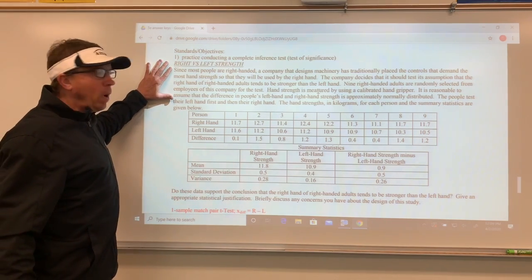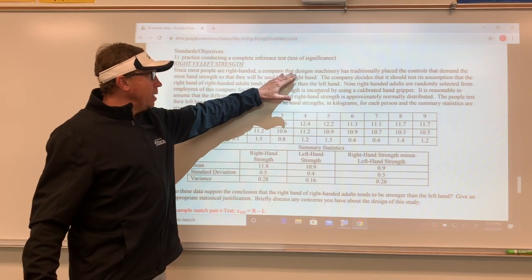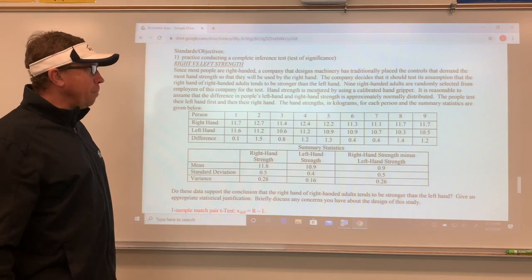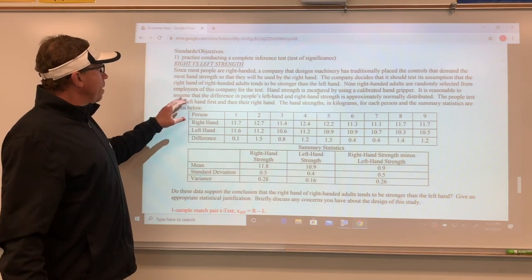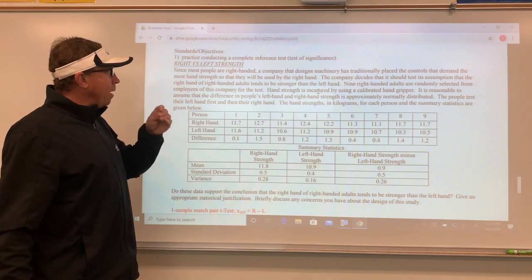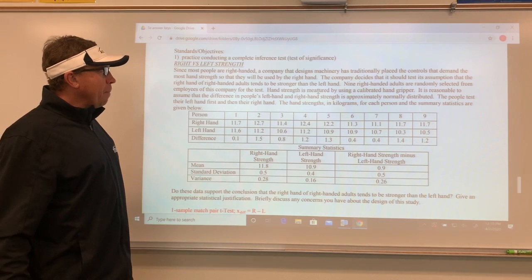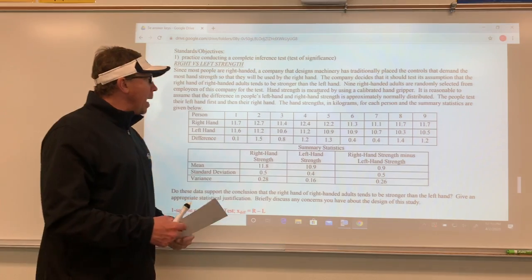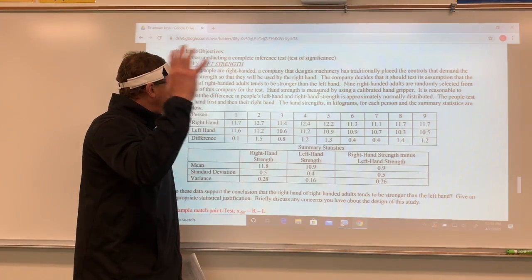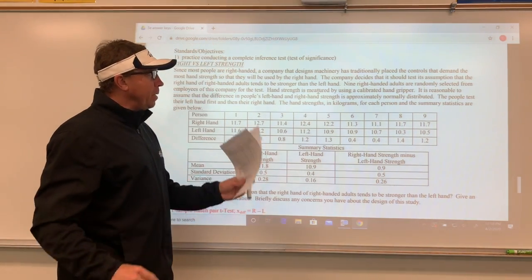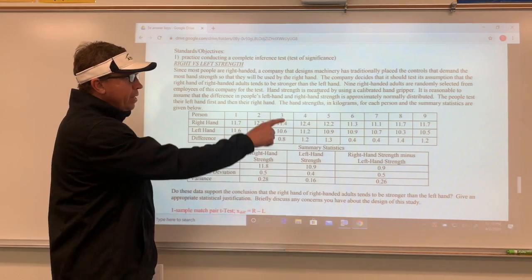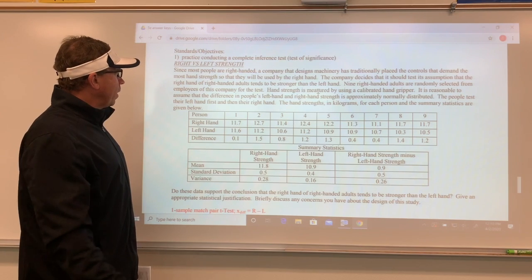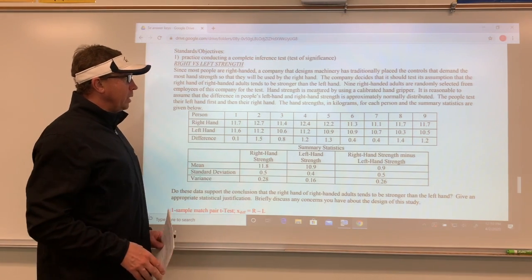Okay, so right hand versus left hand strength. Since most people are right-handed, a company that designs machinery has traditionally placed the controls that demand the most hand strength so they will be used by the right hand. The company decides that it should test its assumption that the right hand of a right-handed adult tends to be stronger than the left. 9 right-handed adults are randomly selected from employees from this company for the test.